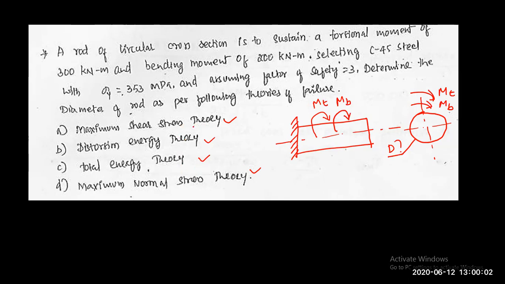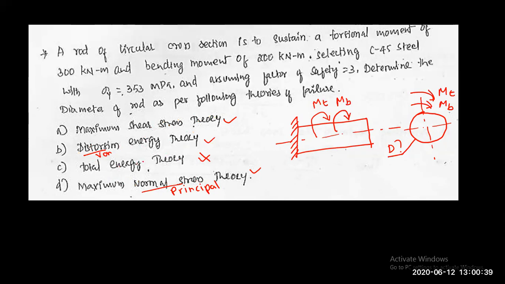Now you will see how each theory of failure affects the value. Maximum normal stress theory is the principal stress theory. Then the shear stress theory, distortion energy, and total energy.